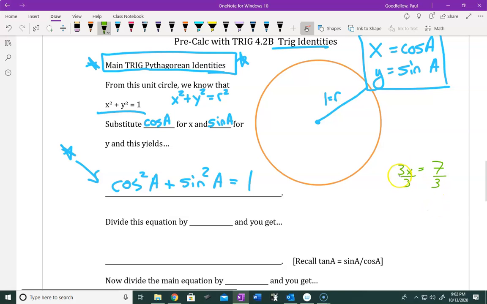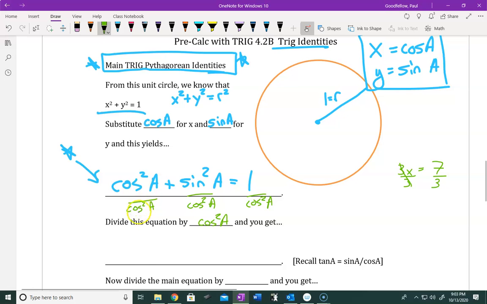What if I divided the entire side by cosine squared a all the way across? It wouldn't change the actual value, but it would change the original Pythagorean identity into something different.